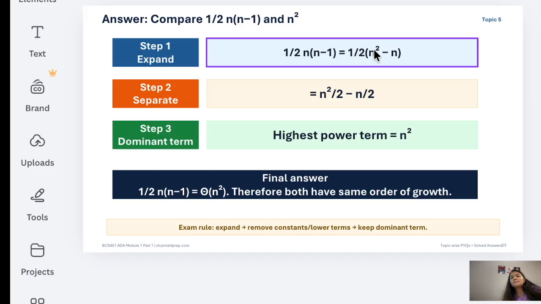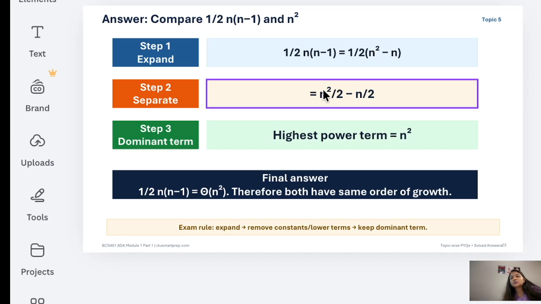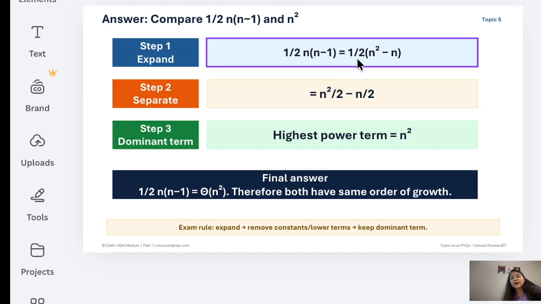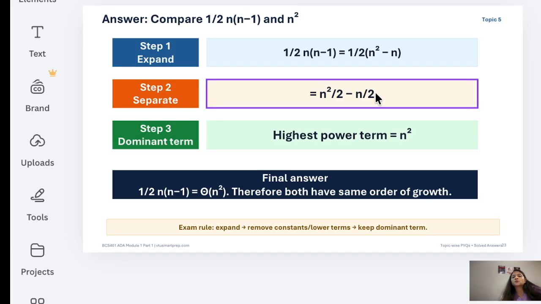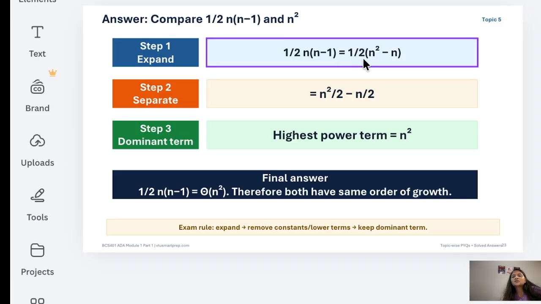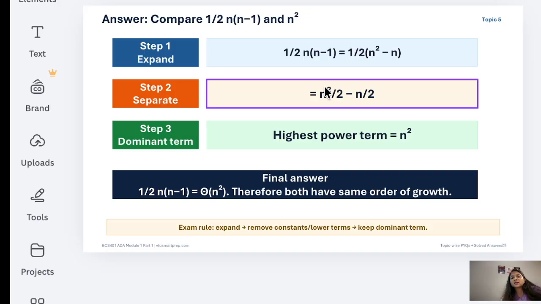So 1 into n squared, which is n squared by 2, minus n by 2. I have just separated these terms by simplifying 1/2 into n squared minus n. So 1 into n squared is n squared, and 2 is there, so it will be as it is.